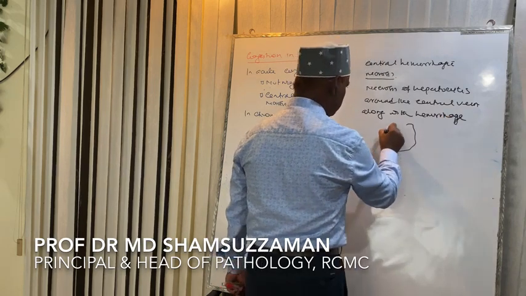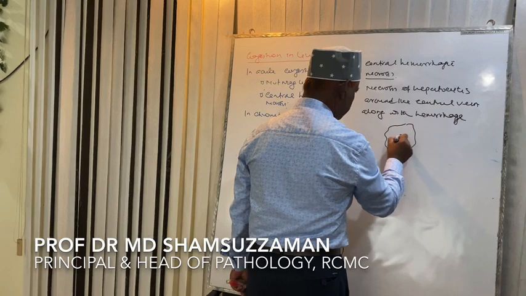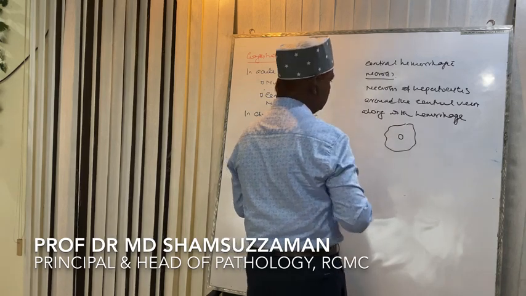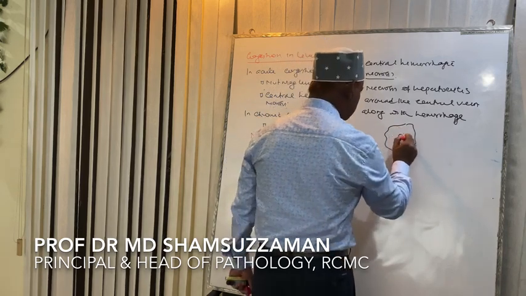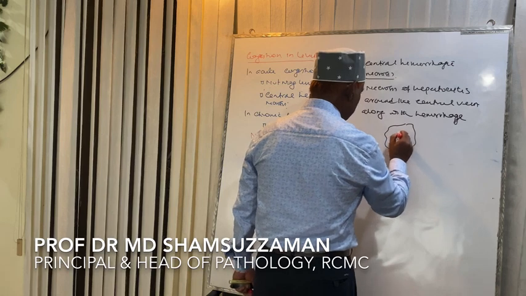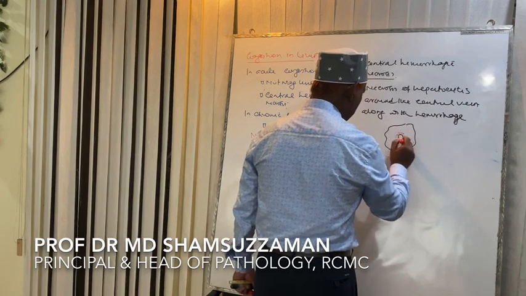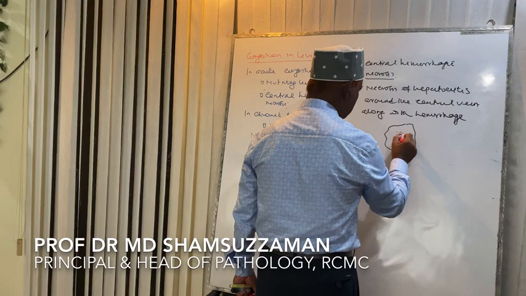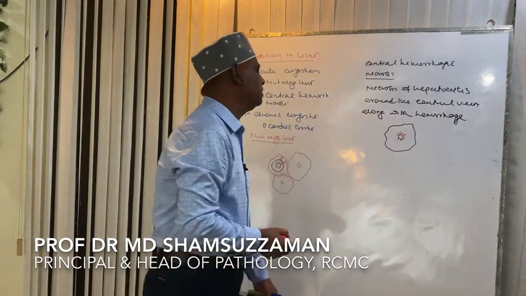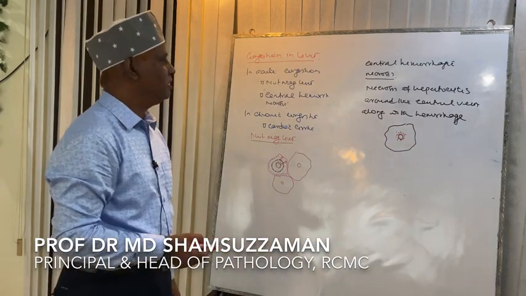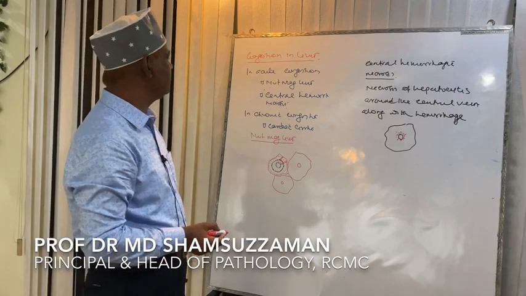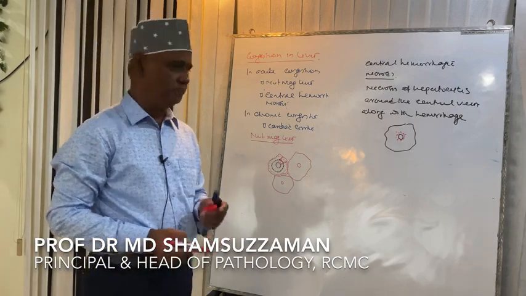If this is the hepatic lobule, around the central vein the hepatocytes undergo necrosis, and along with necrosis there is also hemorrhage, and this is called central hemorrhagic necrosis in liver in acute congestion.